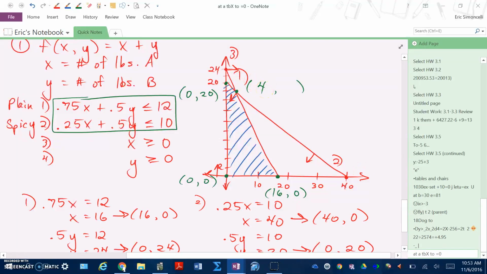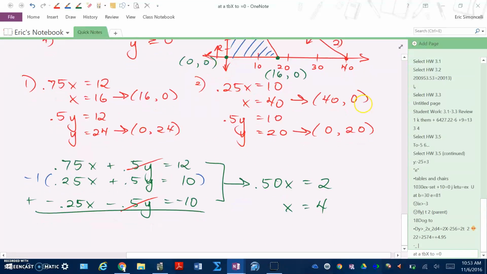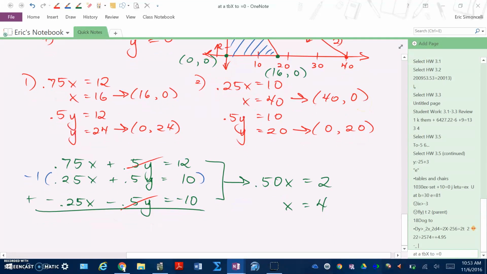We can plug it in to find the y-coordinate. That could easily be done in either one of these two original equations. I guess I can do it right here, before I multiply by a negative. Either way, 0.25 times 4 plus 0.5y equals 10.